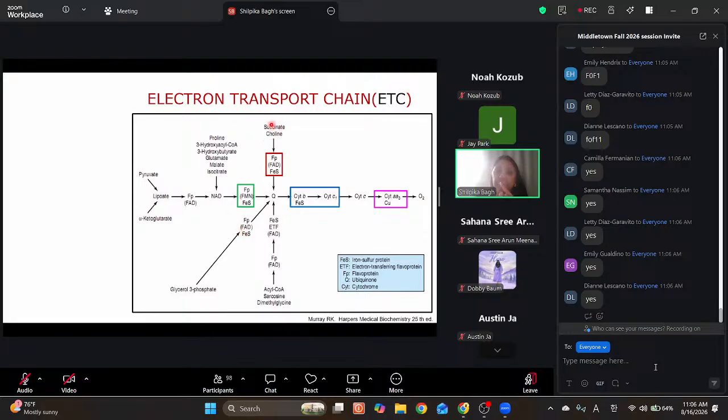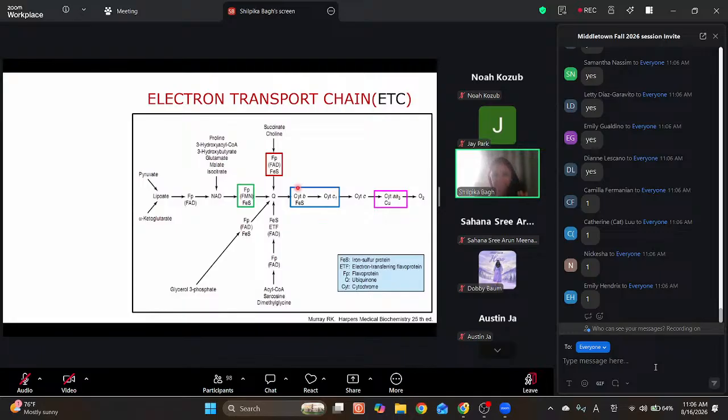Substrate linked to FAD will bypass which complex? Complex 1, but again will flow unidirectionally. So when you are saying the 2H plus an electron, whether from FAD to oxygen or from NAD to oxygen, how do they flow? Electrons participate within each complex and hydrogen has that proton circuit. So proton circuit is then again different from the proton flow.